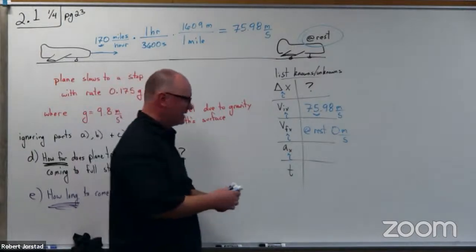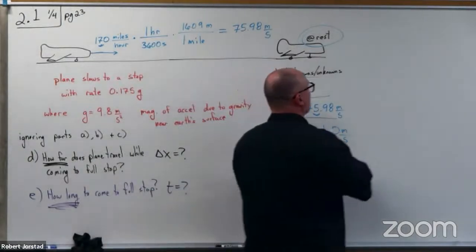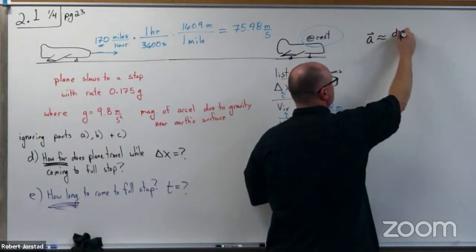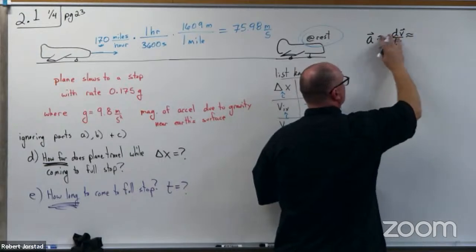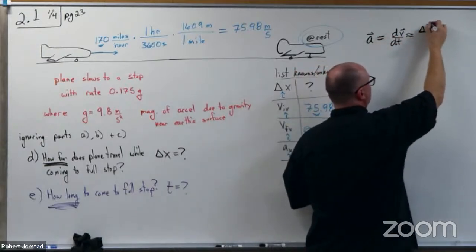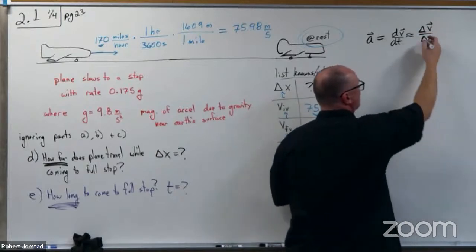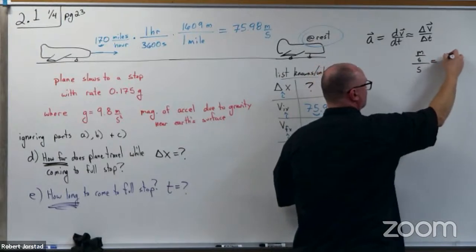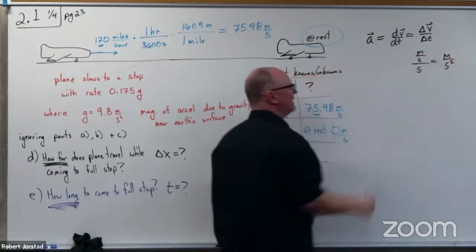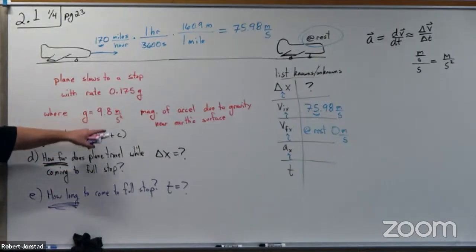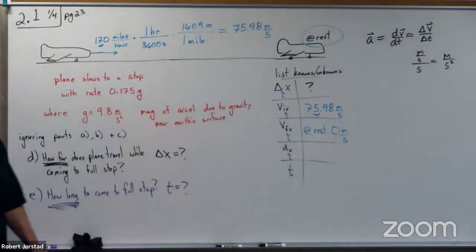If you don't know how I know that, remember, a is approximately equal to dv/dt, or delta v over delta t, but that's meters per second per second, which is meters per second squared. So if you're wondering, oh, wait, this has units of acceleration, or I could look at this word acceleration right there, that would help.